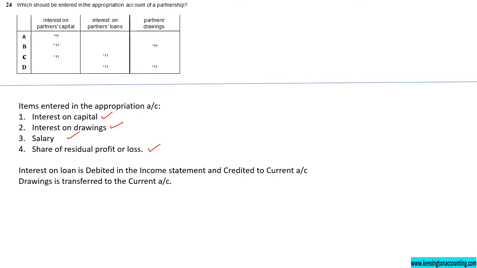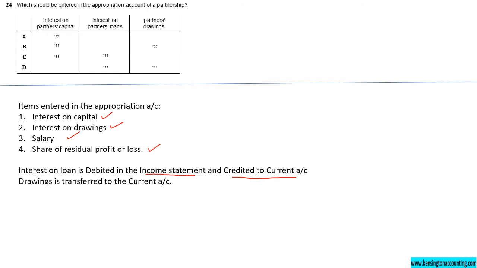Interest on loan is debited in the income statement, then it is credited to the current account, therefore it does not appear in the appropriation account. And drawings, of course, go straight to the current account in the balance sheet. It has got nothing to do with the appropriation account.